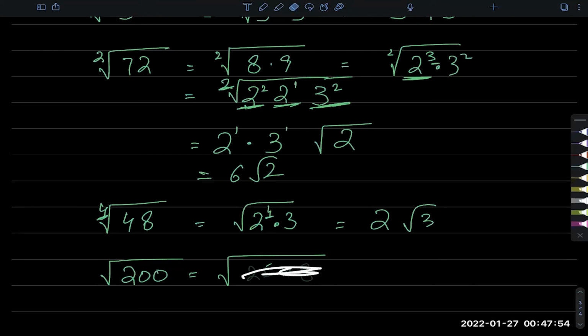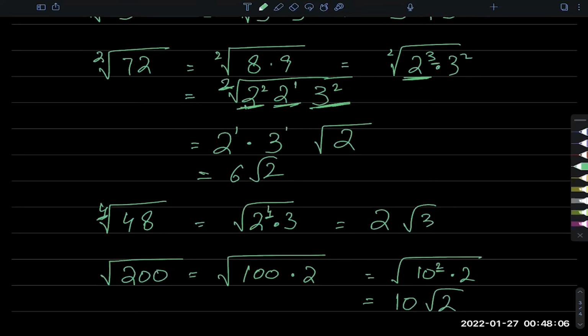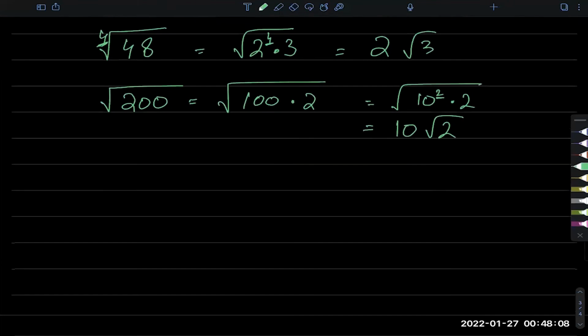In fact, that's the easiest one because I can just say 100 times 2. And what is 100? 100 is 10 squared. So I can break this down, and this becomes 10 power 1, and there I have 10 square root 2 on the outside.